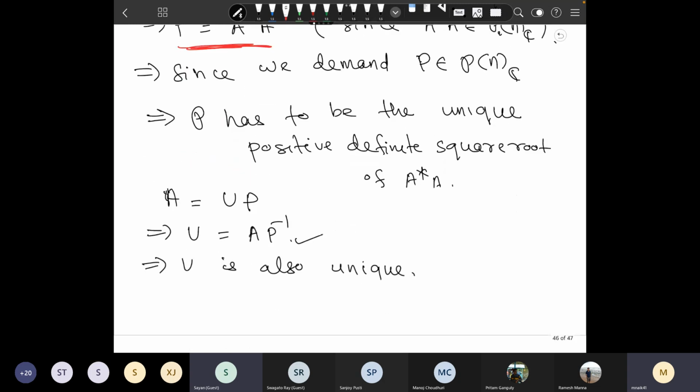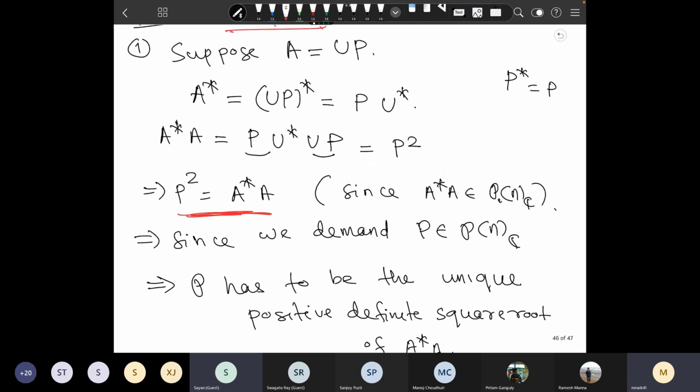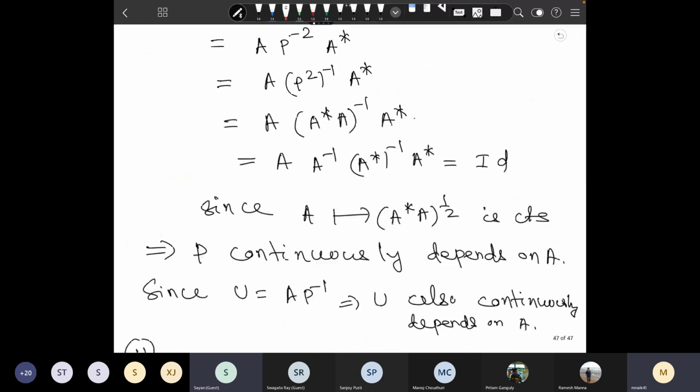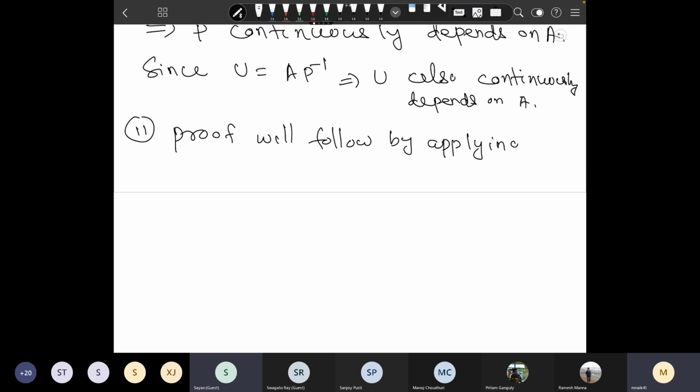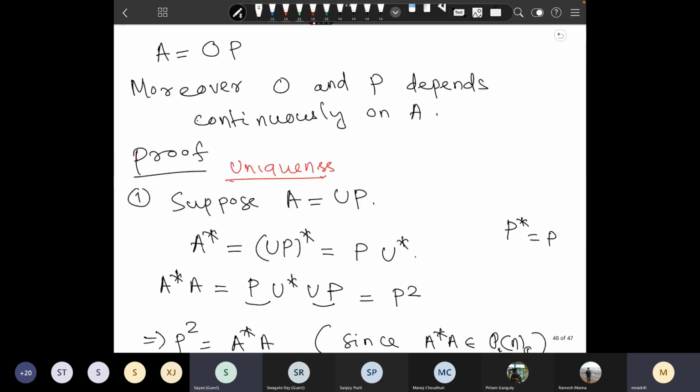So the second also will be clear. The proof will follow by applying the same argument, and this is also clear.